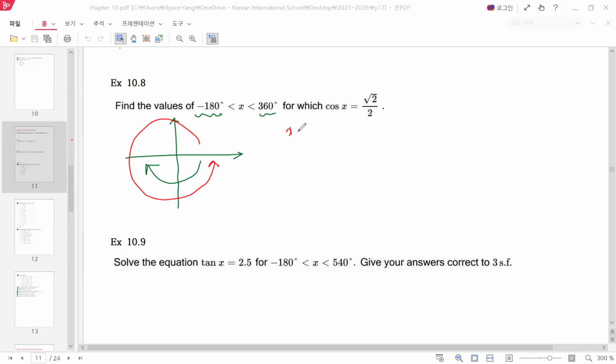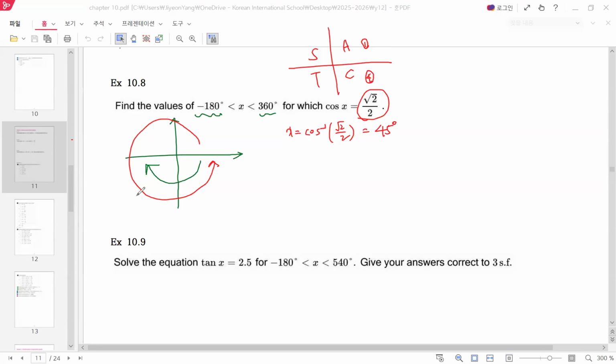By using cosine inverse of square root 2 over 2, you can find the value of x as 45 degrees. And also by using the CAST rule, cosine is positive when the angle is in the first quadrant or the fourth quadrant.